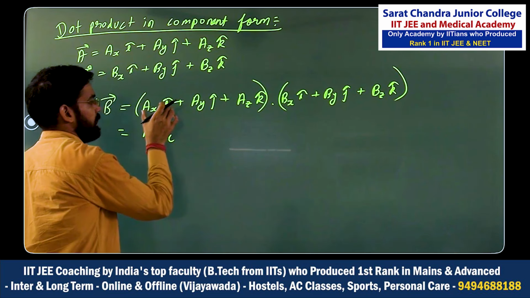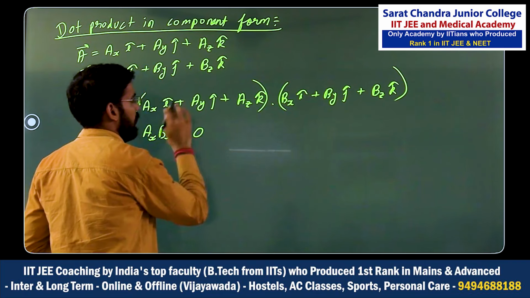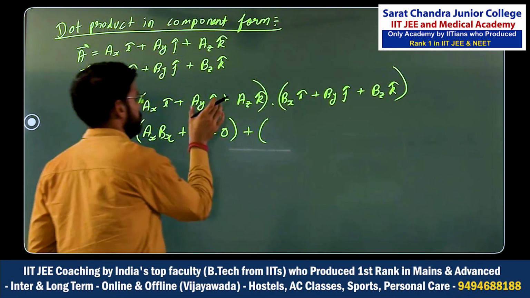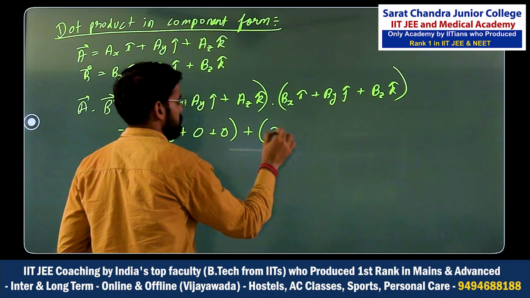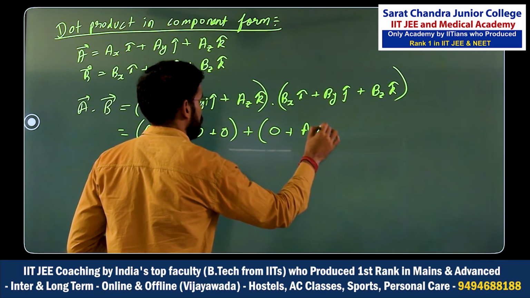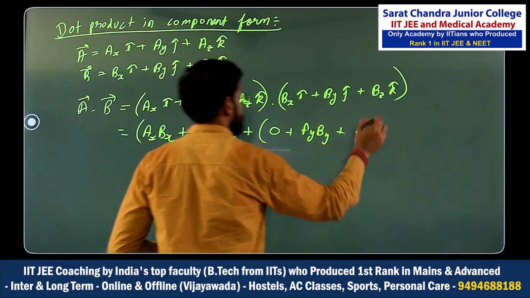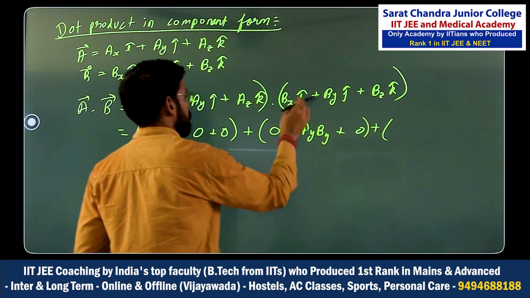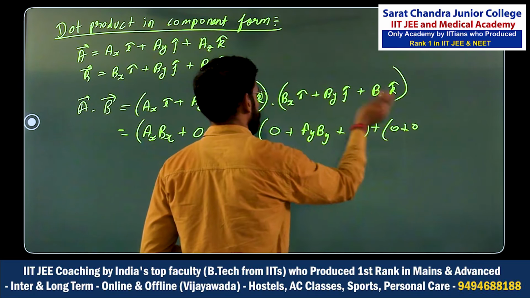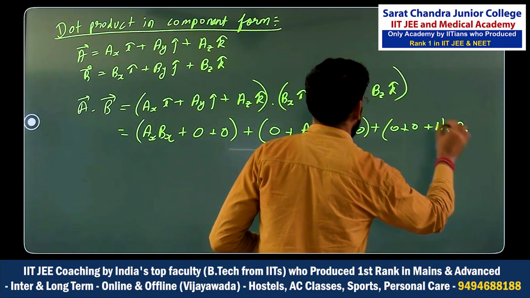So first this AX I cap will multiply with I dot J, which is 0, I dot K, which is 0. This is the first term. Then the second term: J dot I is 0 plus J dot J is 1. So AY BY plus 0 will come because J dot K is 0, plus here K dot I is 0, K dot J is 0, K dot K is 1, so AZ BZ.